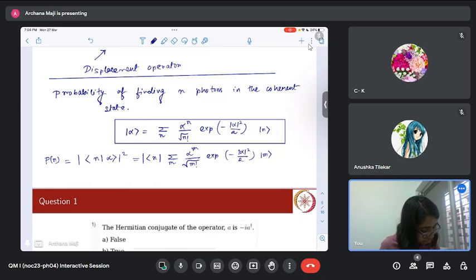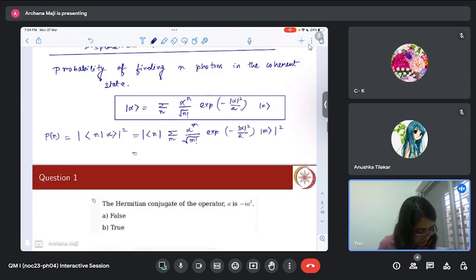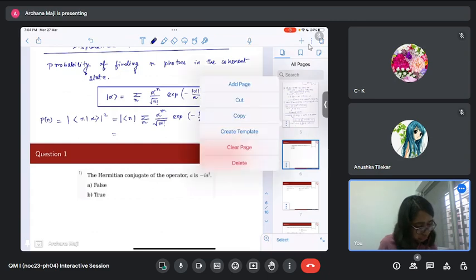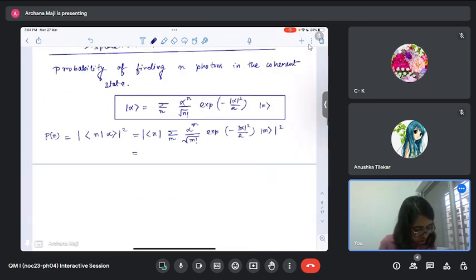m mod square. Now this is equal to summation over m, alpha to the power m over square root of m factorial, e to the minus mod alpha square over 2, then the inner product of n with m, and that is nothing but delta n comma m.